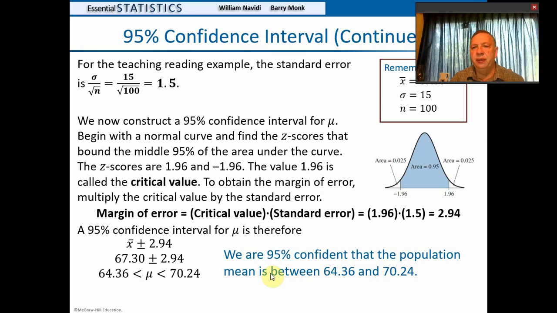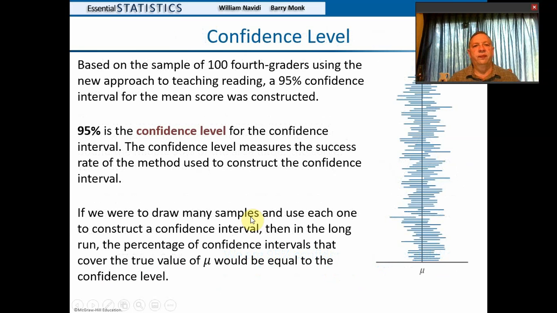That gives us an idea of everything. We're talking about the population mean. We developed it based on 95% confidence in our picture. And here are the values that we've come up with. So basically, this is kind of a picture of what we're doing, this confidence level. If we build it, it's made up based on different samples.